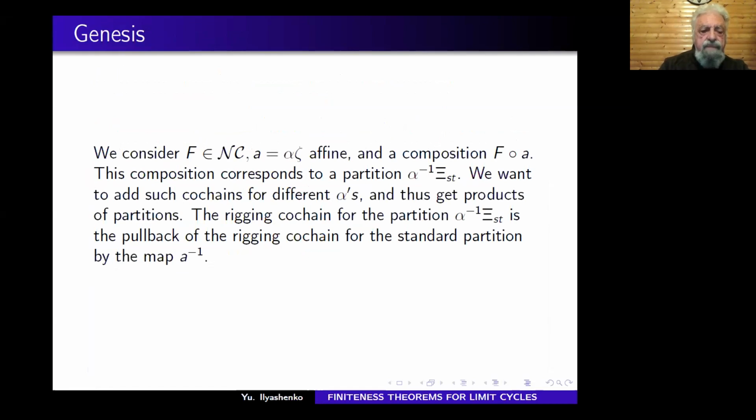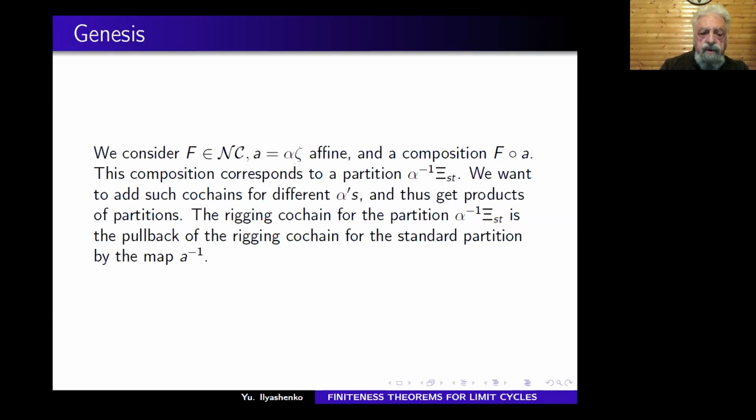And now I will explain from where these simple cochains occur, from where these partitions occur. Affine maps come from the hyperbolic saddles. They are power maps written in logarithmic coordinates.